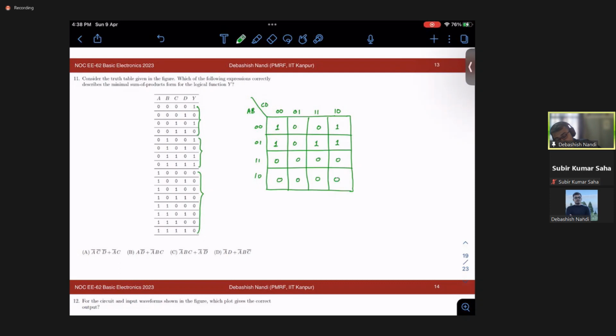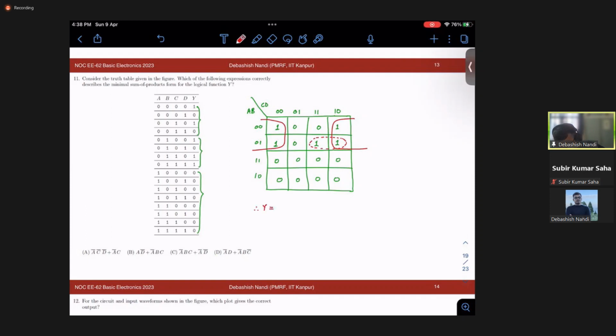So how to go about it? Again, you see that this is one cluster you can make. Another thing you can make is this. Fine. So you have two things.